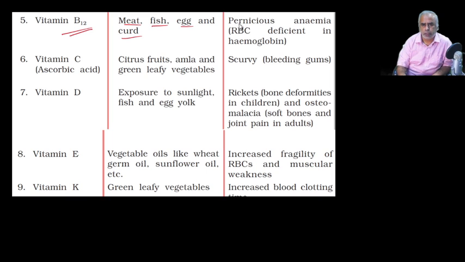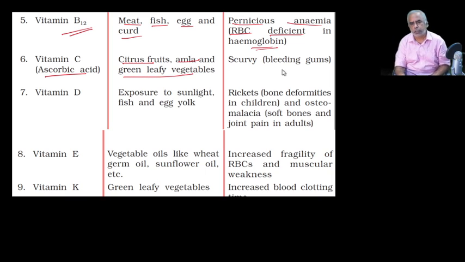The disease is pernicious anemia, that is, the red blood corpuscles will be deficient in hemoglobin, so it will result in an anemic problem. Vitamin C, ascorbic acid: citrus fruit, amla, green leafy vegetables. The disease is bleeding gums, also called scurvy.